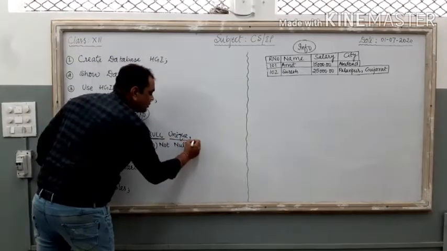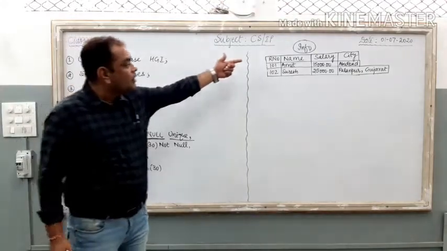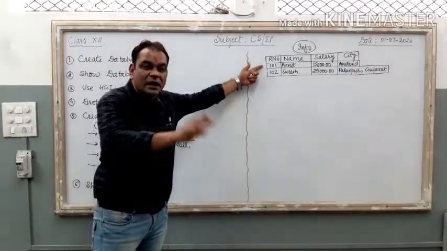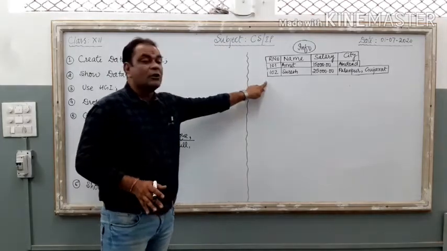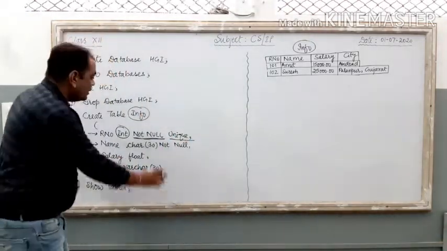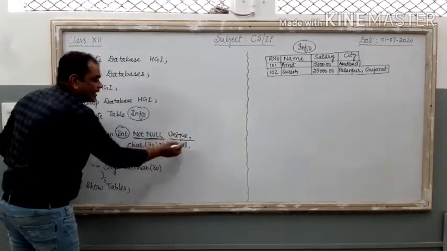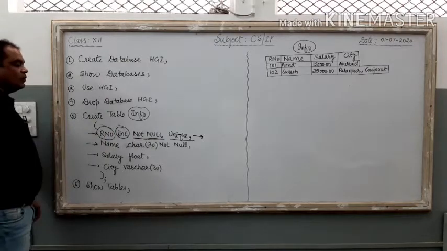Now the next constraint, it is unique. Unique means no duplicacy. So the roll number column is assigned as a not null column, we cannot leave it blank, and it is assigned as a unique column, so we cannot put a duplicate value inside the column. Right? Here two constraints are applicable for the single column, RNO.